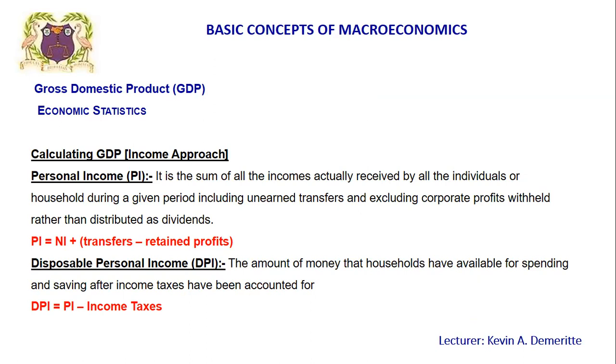And personal income we're defining as the sum of all incomes actually received by individuals or households during a given period, including unearned transfers. Remember, we talked about transfers earlier, and we said we don't count transfers as part of GDP for the expenditure approach. Here we're adding in unearned transfers, but we are excluding corporate profits withheld rather than distributed as dividends.